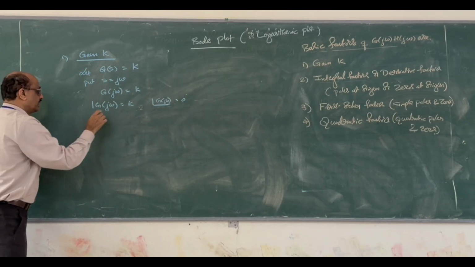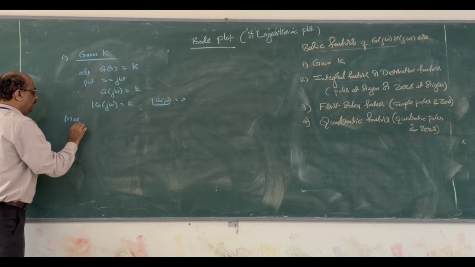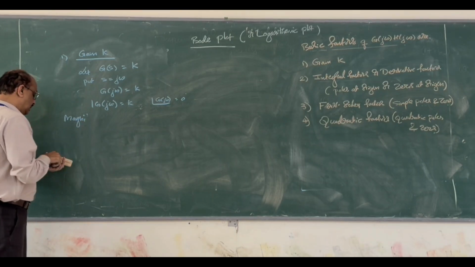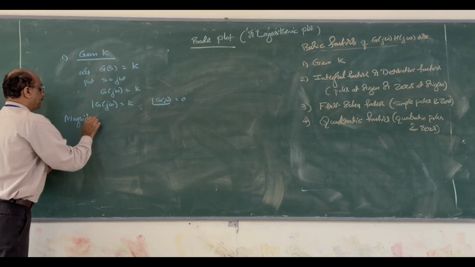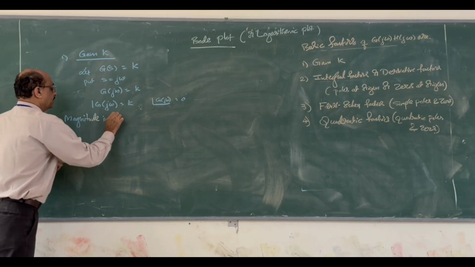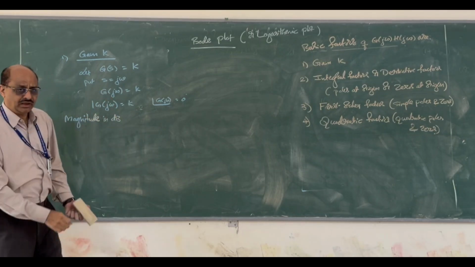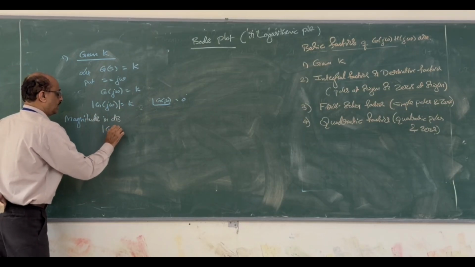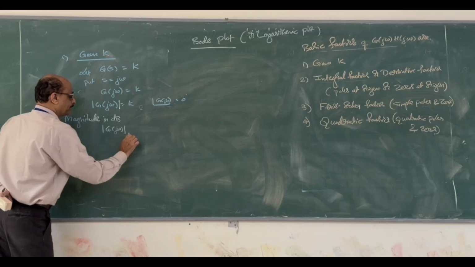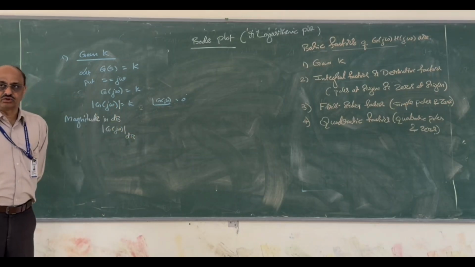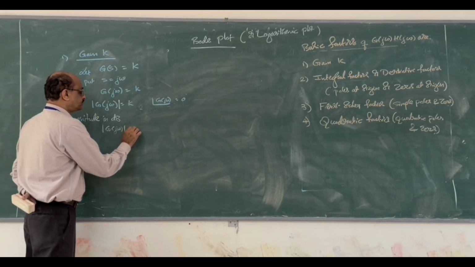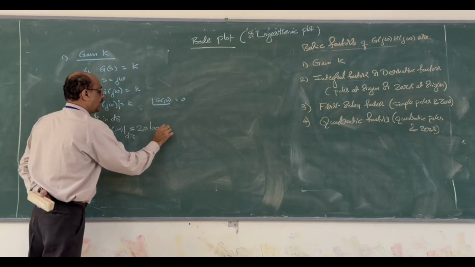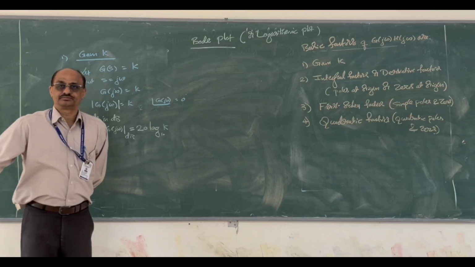So magnitude in dB. Magnitude in dB, I always call this G of j omega in dB. G of j omega dB is equal to 20 log k base 10.